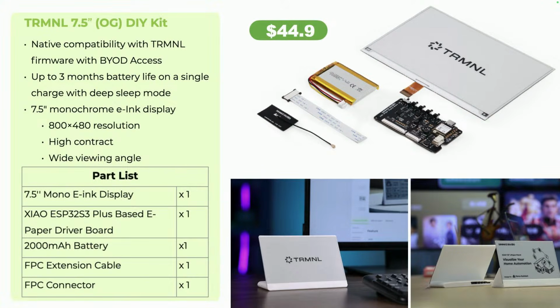The price is 44.9 USD, and here you can see the panel: the mono ink display, battery, mainboard, the extension cable, and including an FPC antenna accessible. So that's basically the part list from the kit.